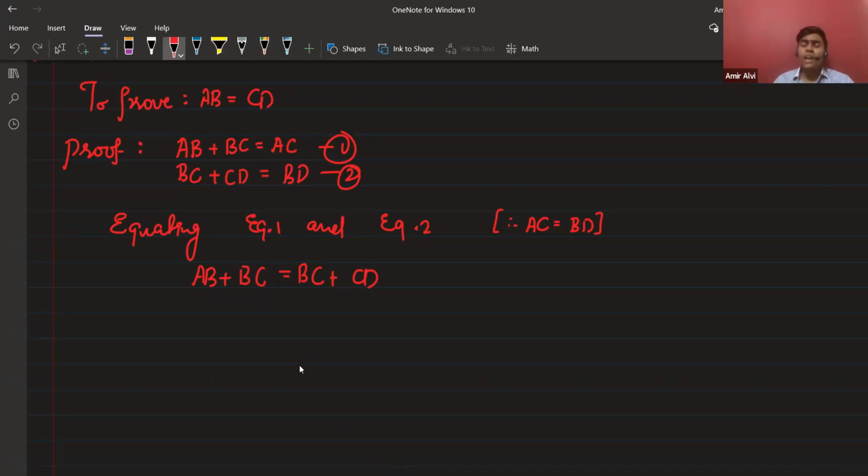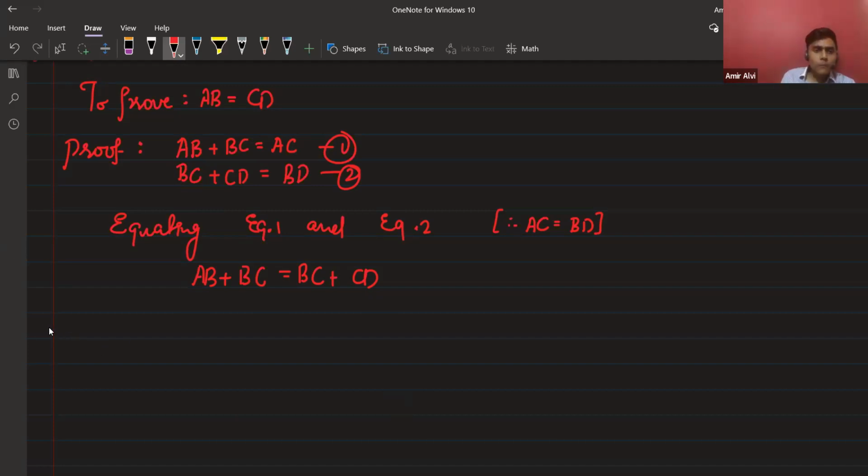No. What we have to do basically, Simran, we have to prove AB is equal to CD. So in this equation, what do we need to subtract? If I subtract something from the right hand side and the left hand side, what will be left? Which specific part should be subtracted to get AB equals to CD? BC. BC, very good. So both are equal. AB plus BC equals to BC plus CD, yes or no?